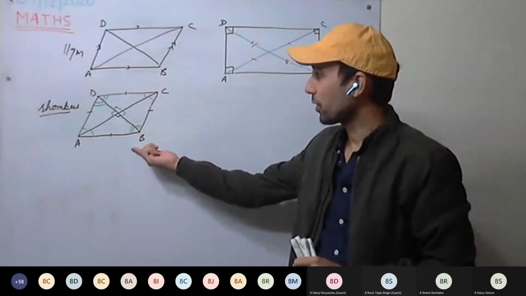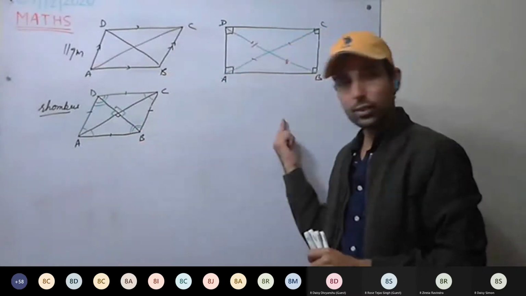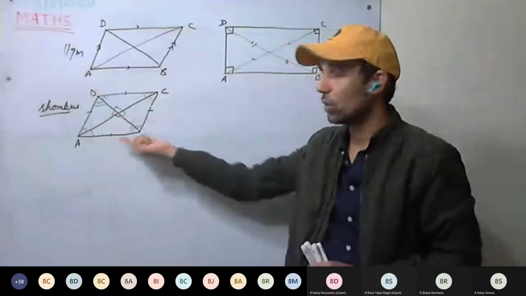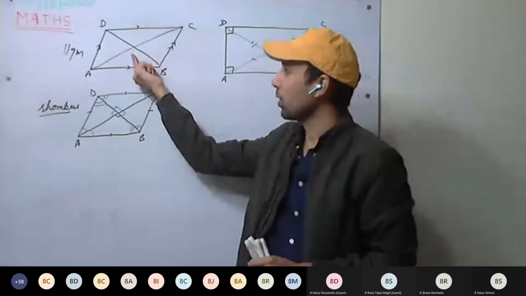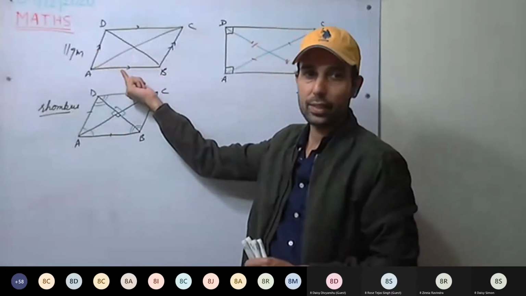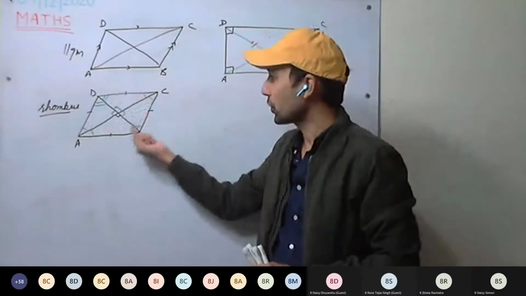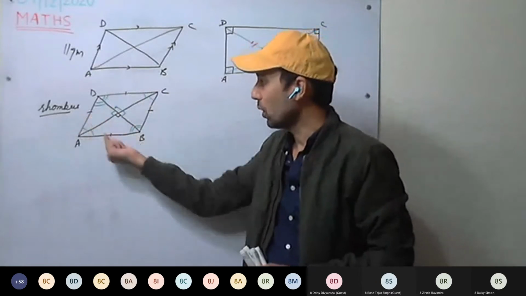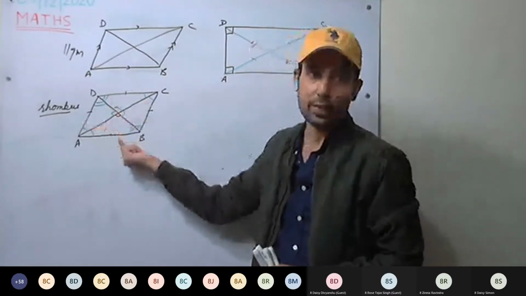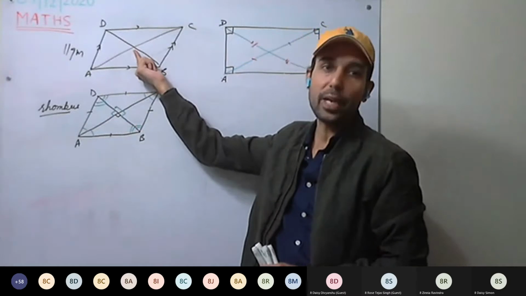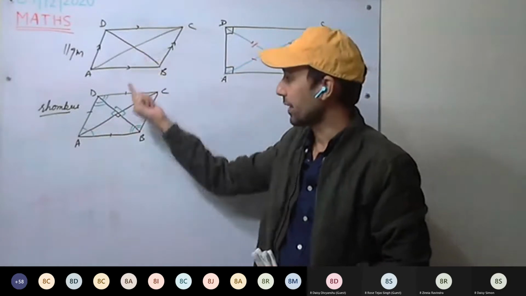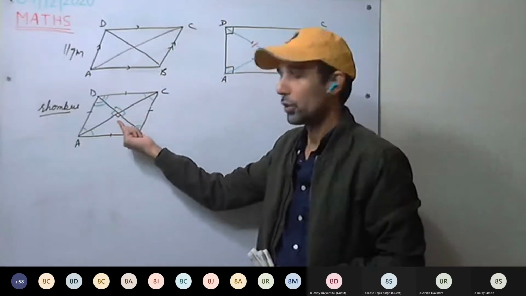We will discuss the rhombus, then the square, and then we'll be comparing all four properties again. In a parallelogram, if adjacent sides are equal, that makes all four sides equal, so in a rhombus all four sides are equal. In a parallelogram, if diagonals bisect each other at 90 degrees, it will become a rhombus.